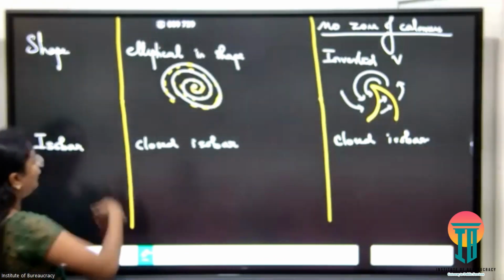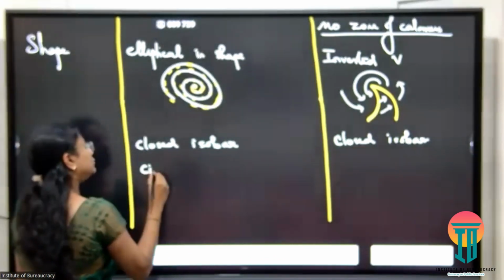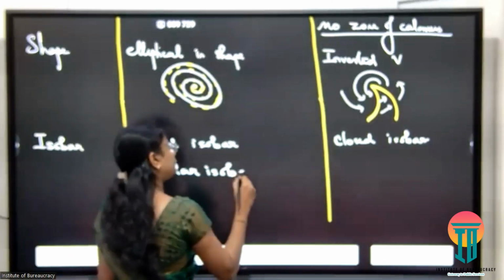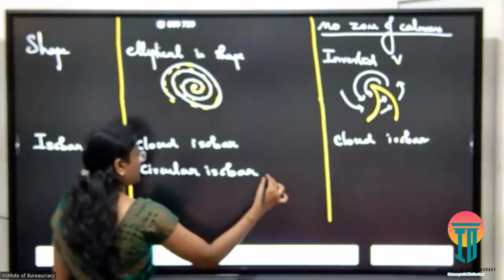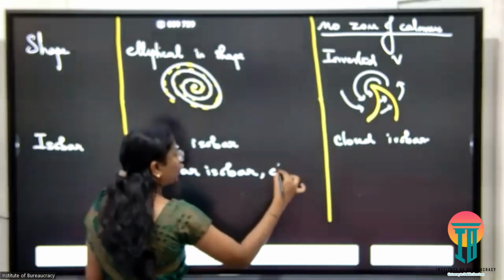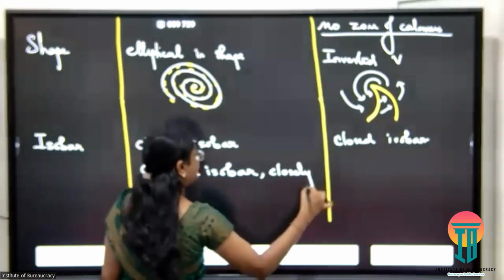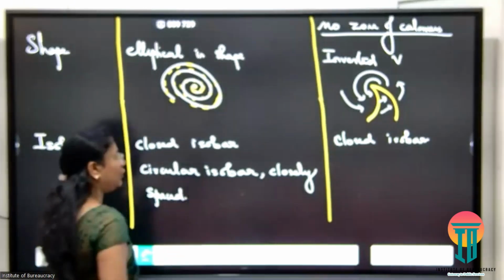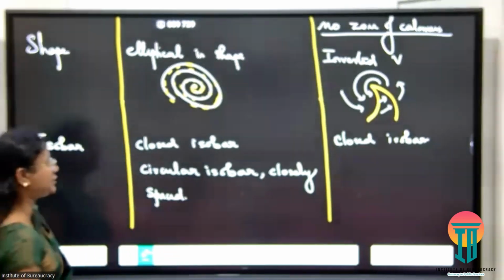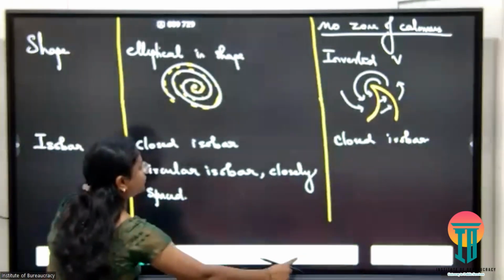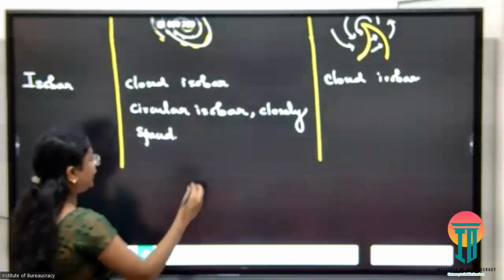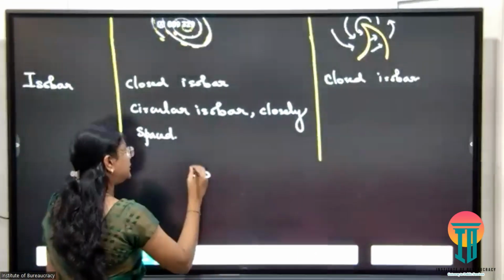For example, these are circular isobars, and they are very closely spaced. Okay, very closely spaced circular isobars. Meaning the pressure variation happens very intensively.